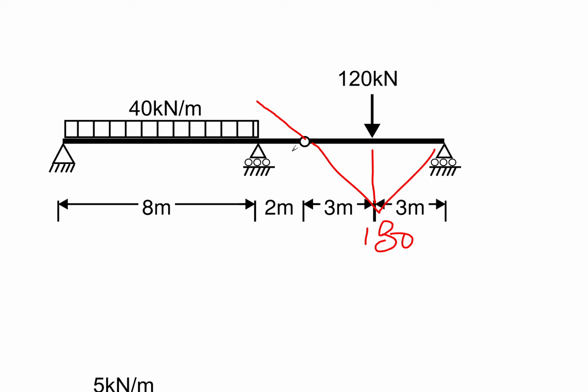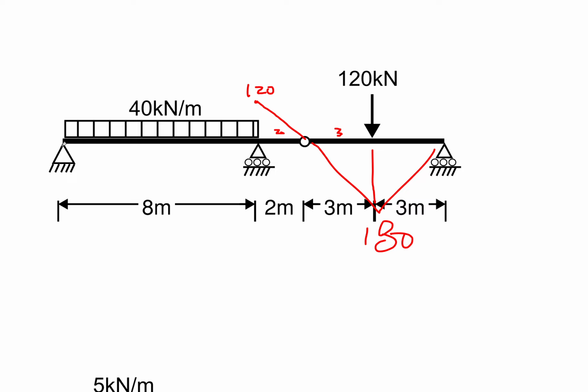That's your bending moment. Because it's symmetrical, over here you can work out by using trigonometry, with 2 meters and 3 meters here, that gives you 120 exact bending moment at this hogging moment.